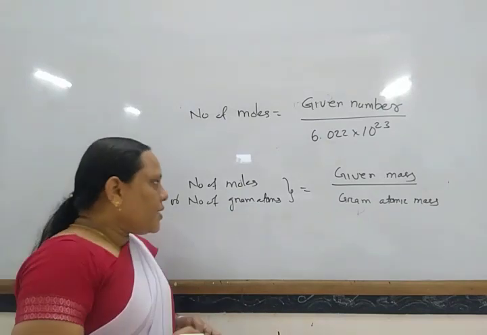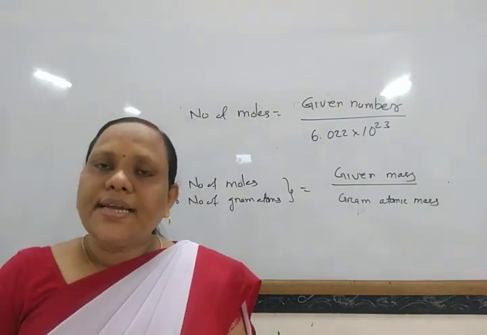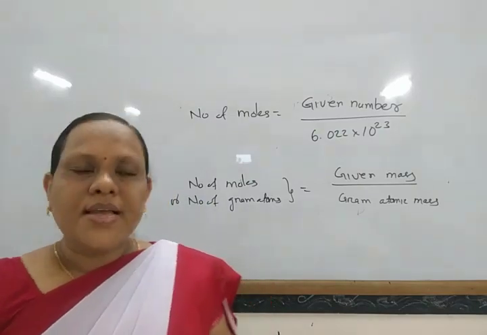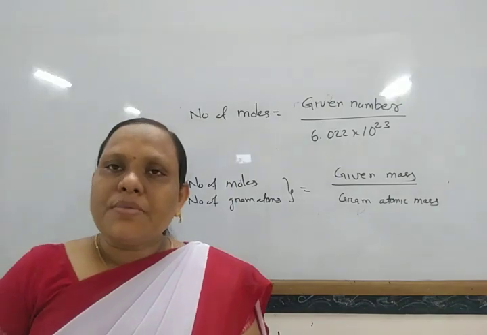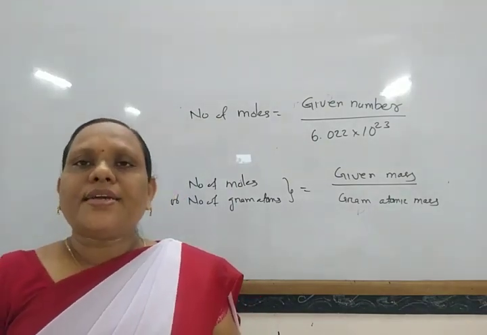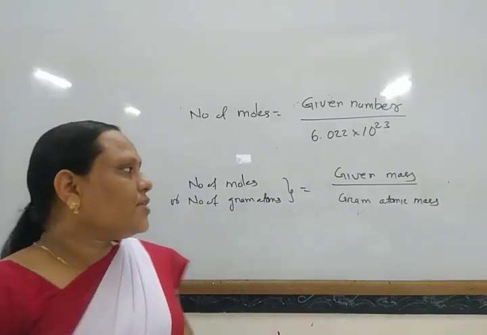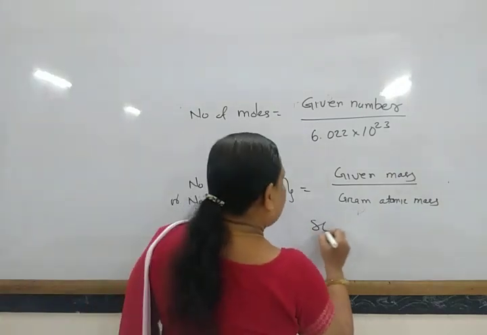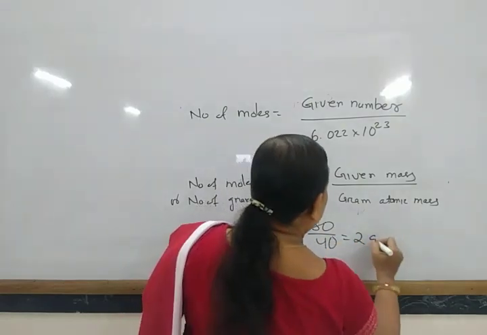Suppose, how many moles are there in 80 gram of calcium? You know the atomic mass of calcium is 40 amu, and the gram atomic mass of calcium is 40 gram. So given weight 80 by 40, that is 2 gram atoms.